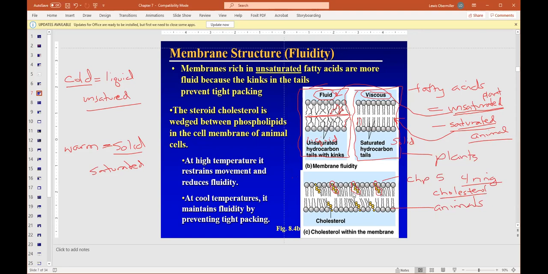And so it can get into these fatty acid tails. And it can actually physically bend them. So you can see that it's physically causing the tails to bend. And when it does that, it spreads them out. And so you can change the fluidity of your membrane, even if you're an animal, by changing the amount of cholesterol in your cell.